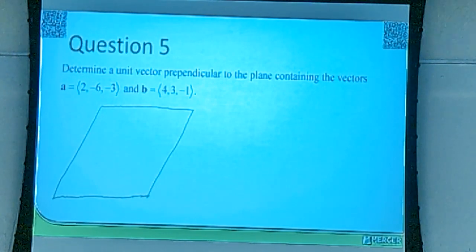So I'm just going to say that is a representation of our plane. And say there's vector A. For convenience, I'm going to put vector B at the same initial point. But remember, it doesn't matter.